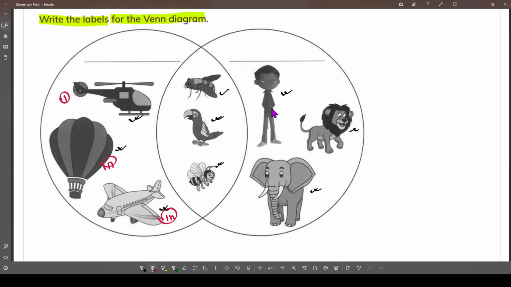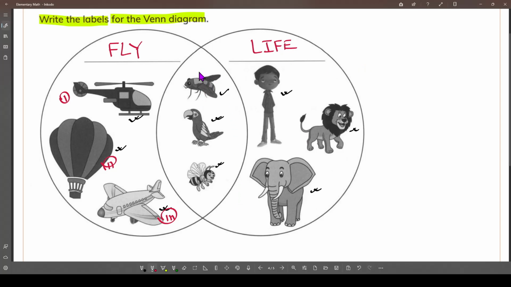Similarly, on the right side, the man, lion and elephant have life but cannot fly. So we can write here "can fly", or we can say "fly", and this is "life", right?